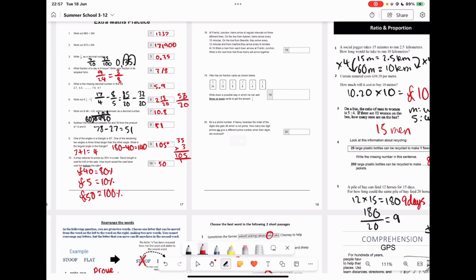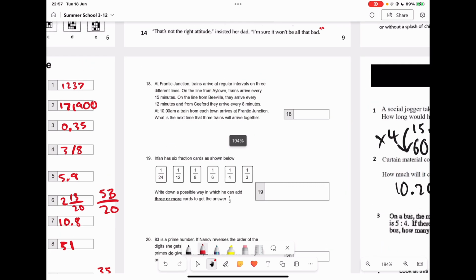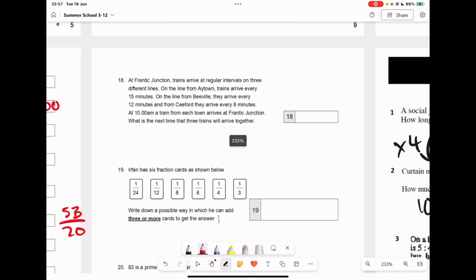Okay, now the final 3 questions. At Frantic Junction, trains arrive at regular intervals on 3 different lines. On the line from A-Town, the train arrives every 15 minutes. B-Ville is 12, Seaford is 8, and at 10 a.m. a train from each town arrives.